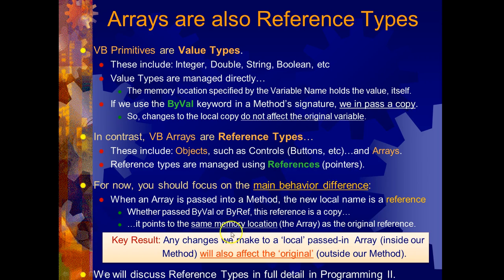But the point here is that even though we use the by val keyword, since arrays are reference types, we're still going to be only working with a pointer. Okay? So it points to the same memory location, the array, as the original reference.